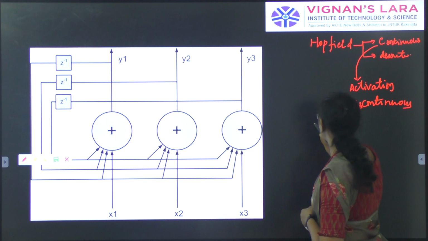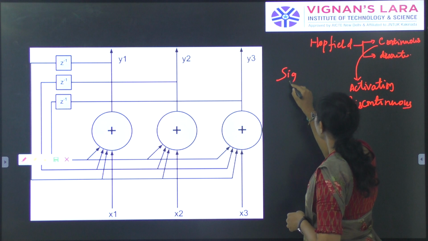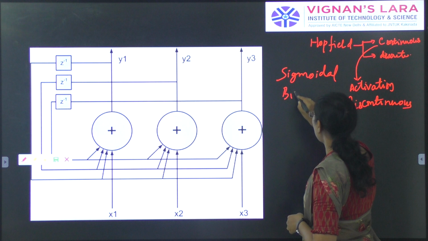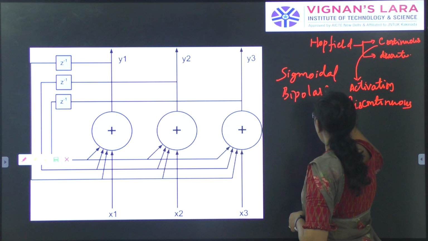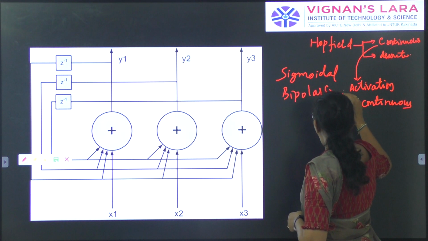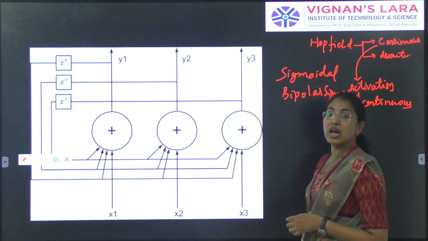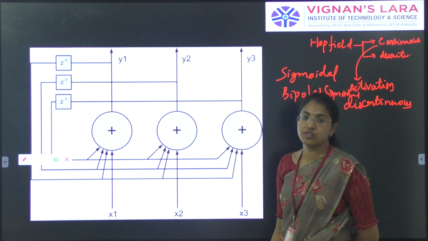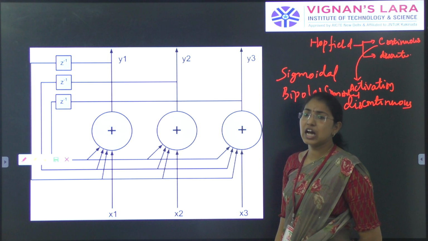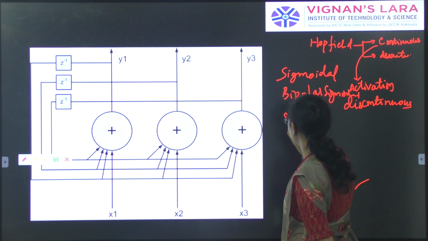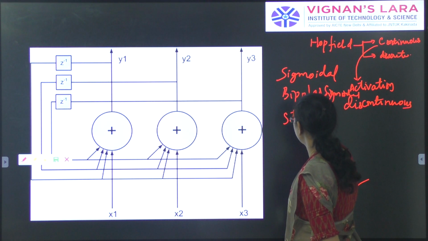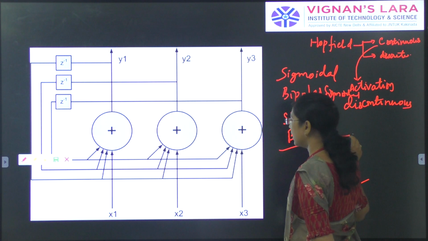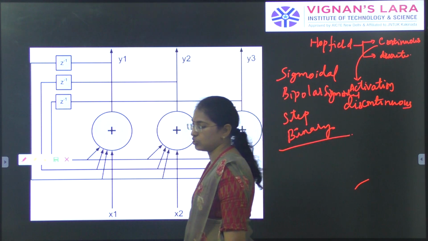Examples are sigmoidal, unipolar sigmoidal and bipolar sigmoidal, which are the examples of continuous activation functions. Coming to discontinuous activation functions, step and binary activation functions come under discrete activation functions.